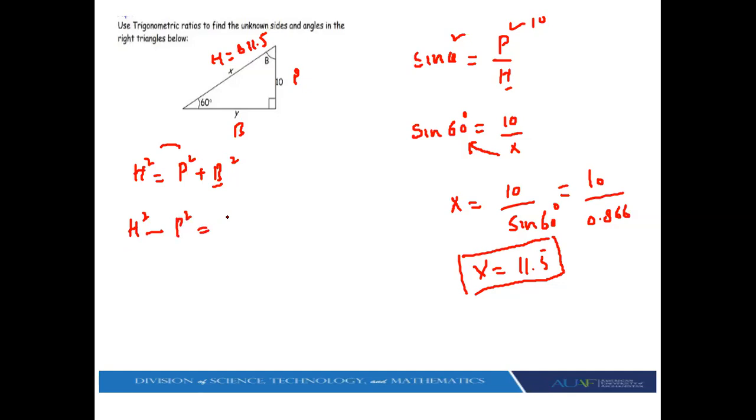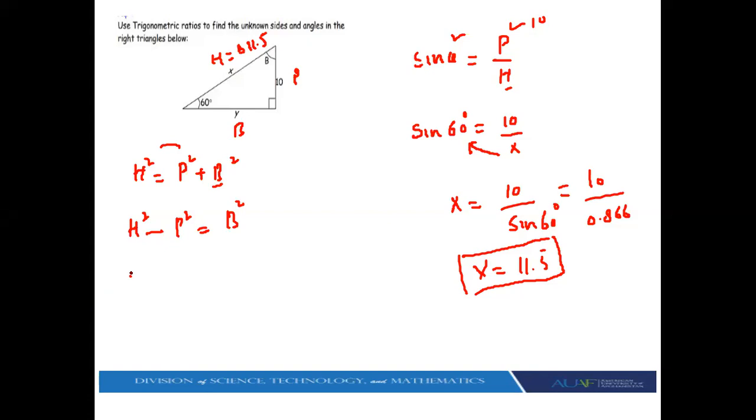Perpendicular square is equal to what? Base. So hypotenuse actually is this one equal to 11.5. So if you square this one, we have 11.5 square equal to 132.25. This one is square also.